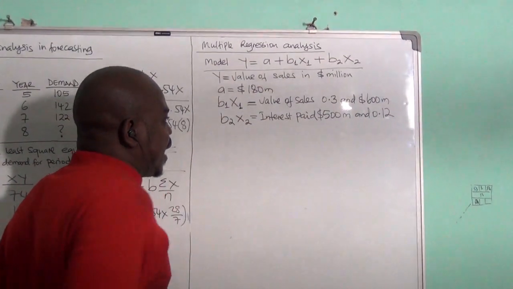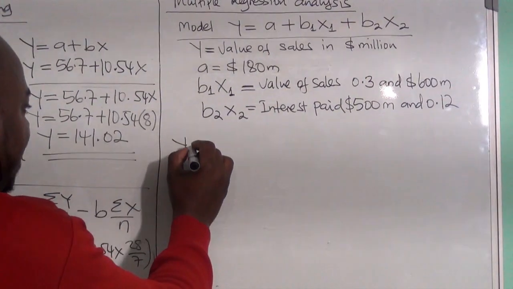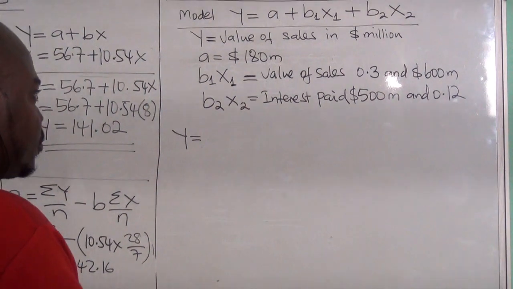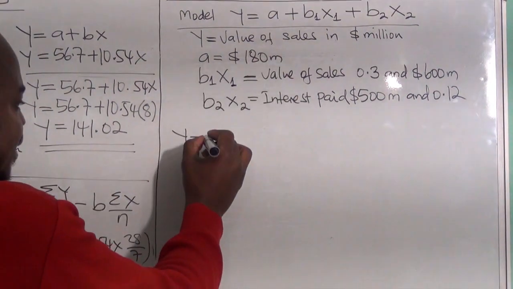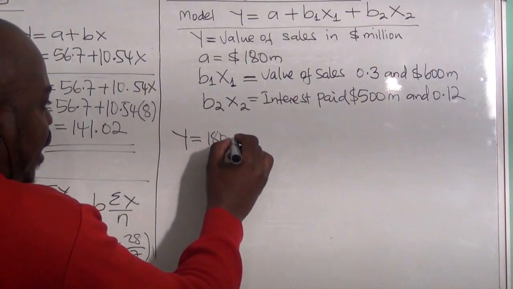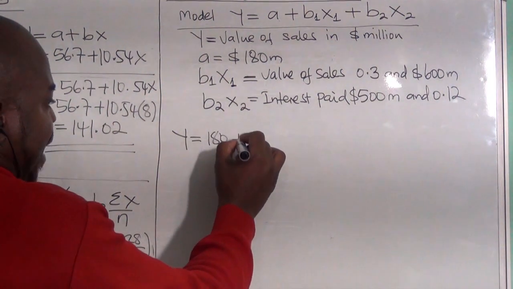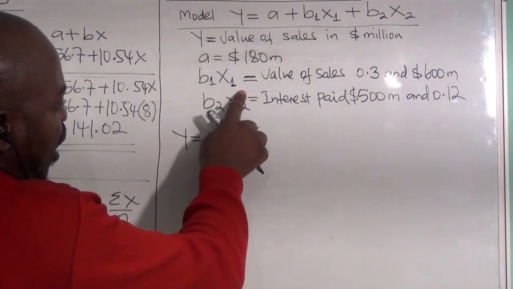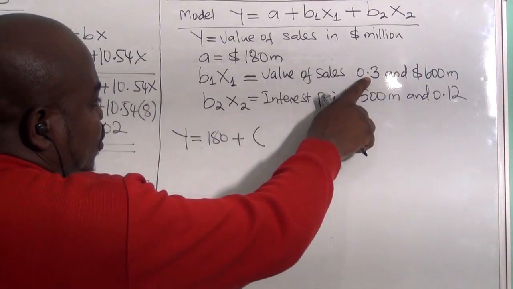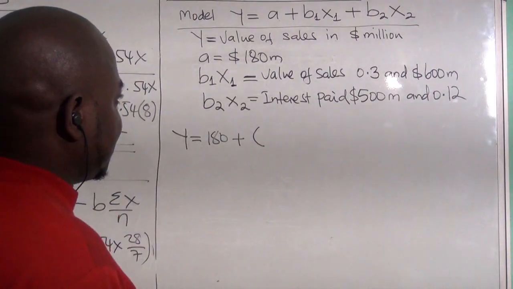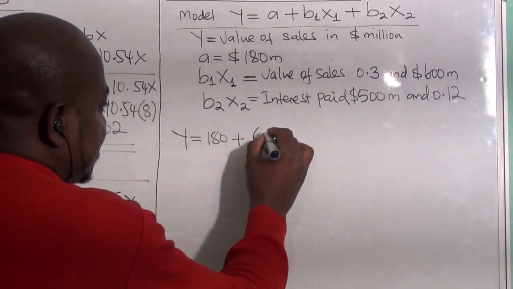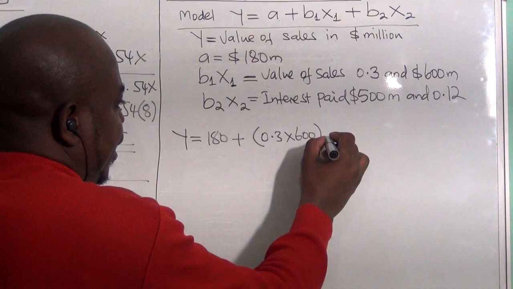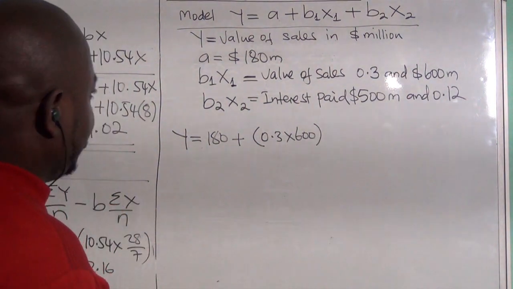So the first thing he will give you is the model there. So we have the model there, and then he says Y is actually the value of sales in $1 million. And then we have the A, which is the constant here, 188. And then we say plus, and then B1 and X1 are given as value of sales 0.3 and $600 million. So I have 0.3 here multiplied by 600 there, and then here I need to be careful.